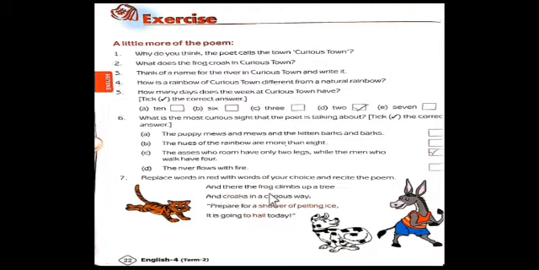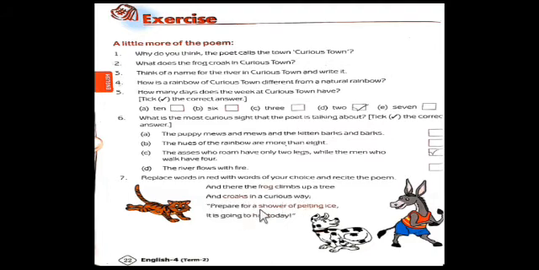And there the fish climbs up a tree and croaks in a curious way. Instead of croaks, you can add chirps. Actually, birds chirp. And chirps in a curious way.